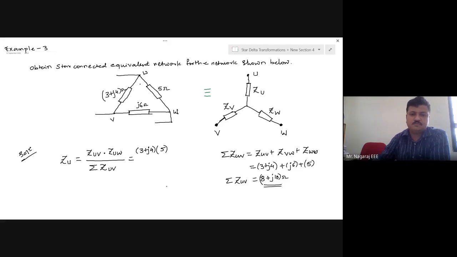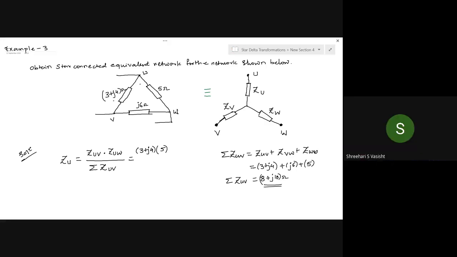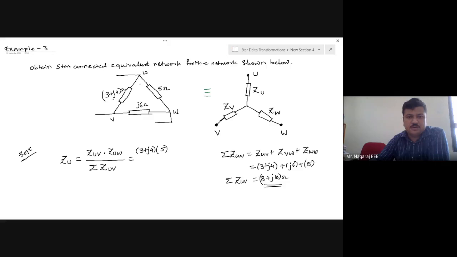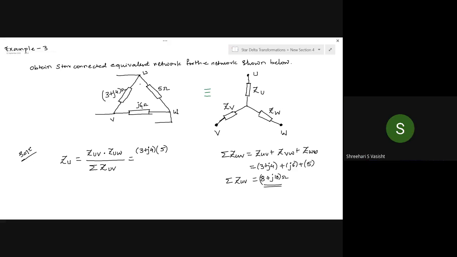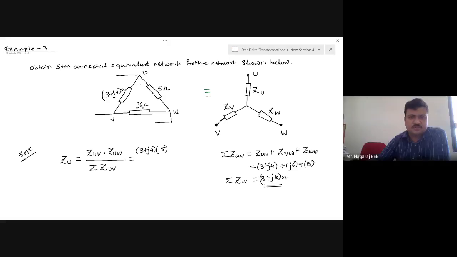Yes, anybody? Inductive. It is inductive impedance. What about J6? Is it pure inductance or pure capacitance? Pure inductance. Okay.